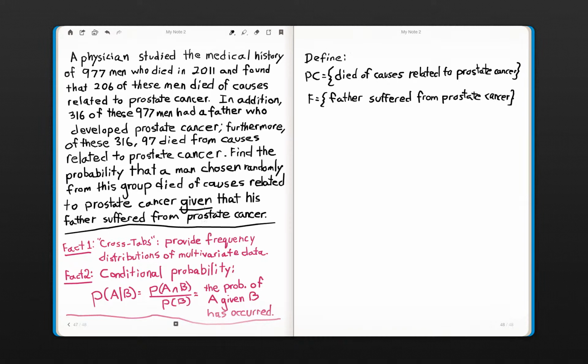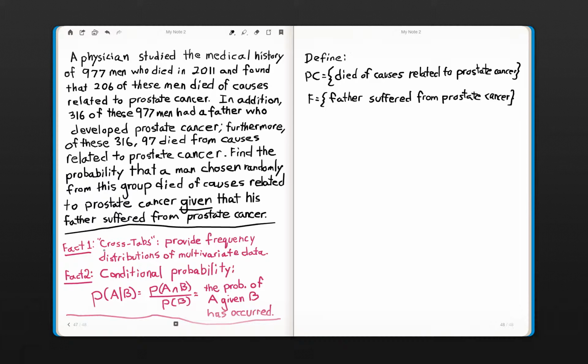Before we solve this problem, there are a couple of background facts we need to know and make use of. The first one is the concept of crosstabs. Crosstabs have been around since the early 1900s; I believe Pearson first introduced these in 1904.